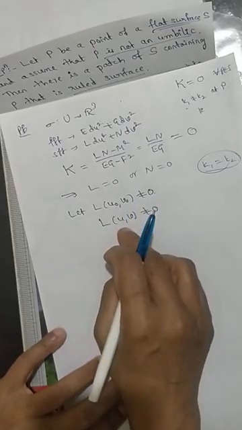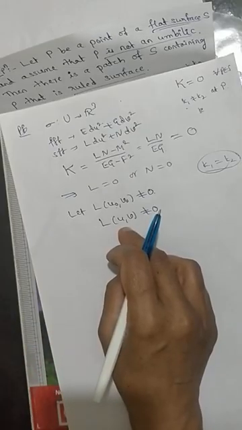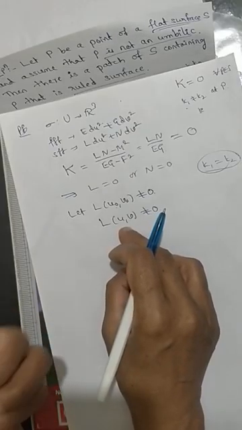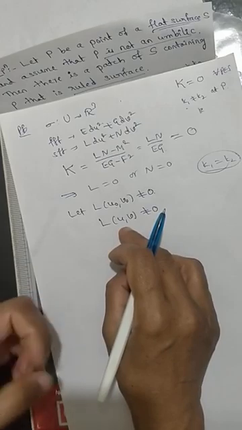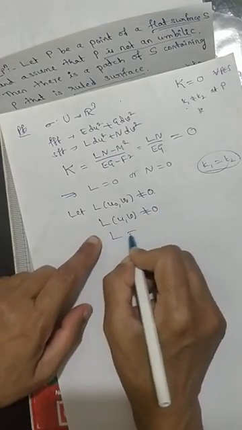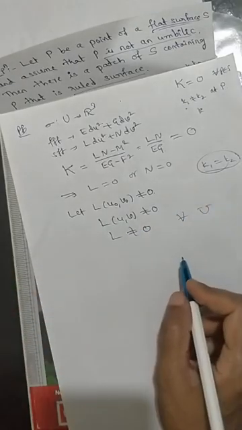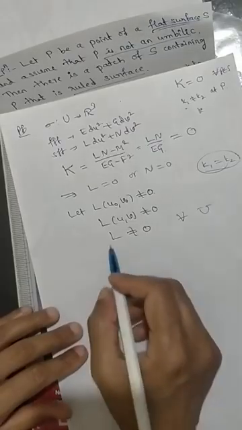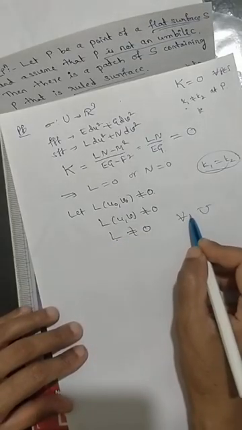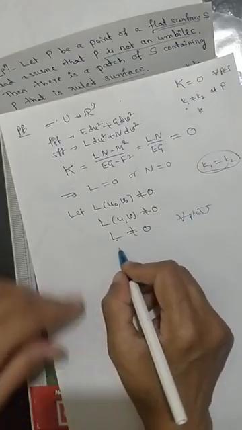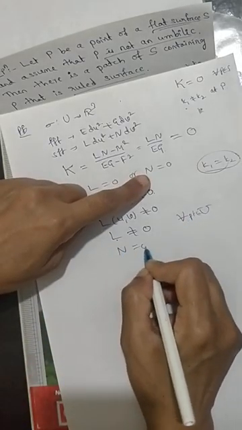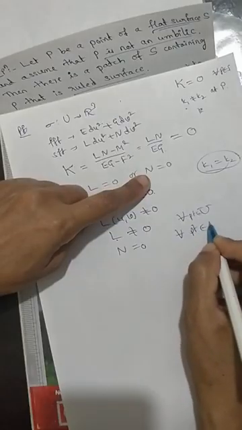So if necessary, we can shrink the open set U and assume that L is not equal to 0 at every point of U. Then N must be equal to 0 at every point of U.